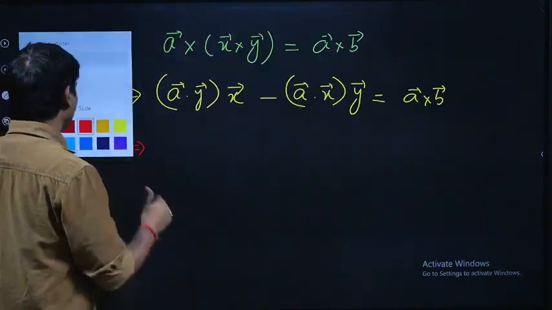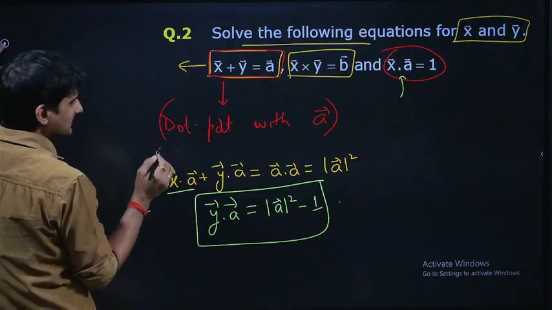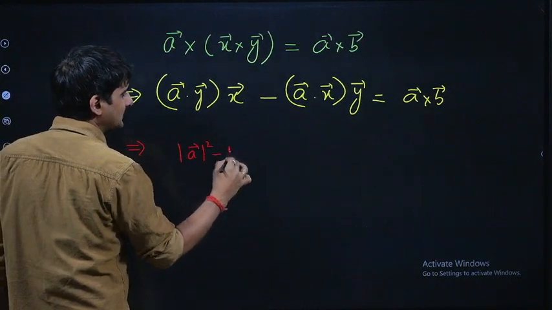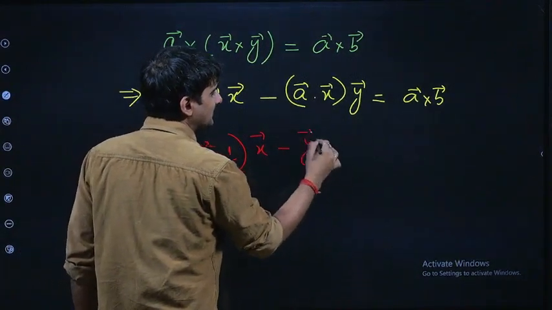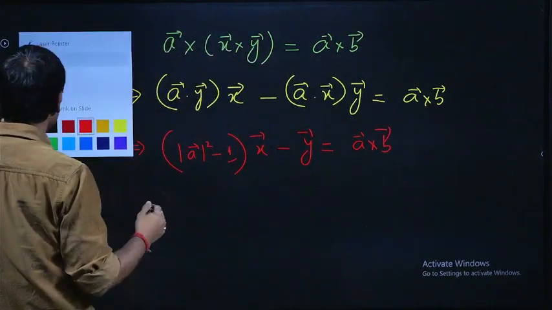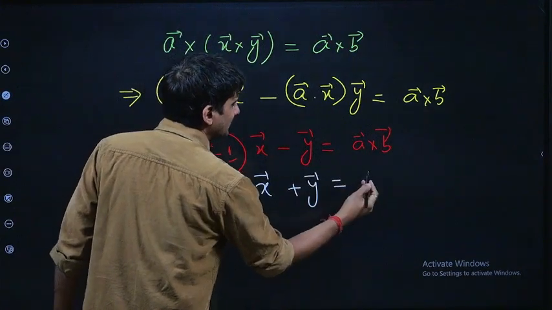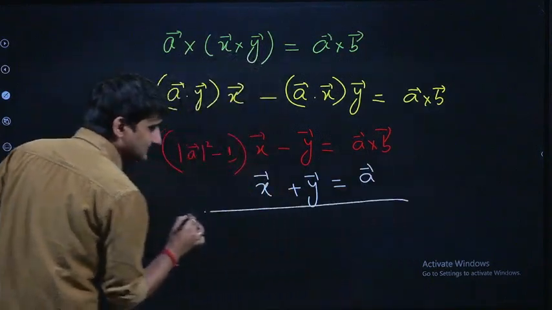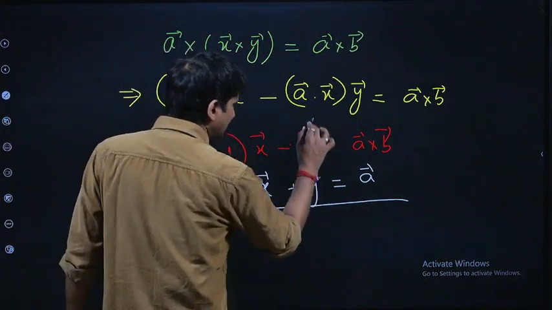So now if I put these values here, so a dot y, what is it? I think it's magnitude of a whole square minus 1 times vector x minus vector y is equal to a cross b. Okay, now just use it, bachcho, and this is vector x plus vector y is equal to, I think it's vector a, right? Add them. So if we add them, what do we get? We add them, this gets cancelled.